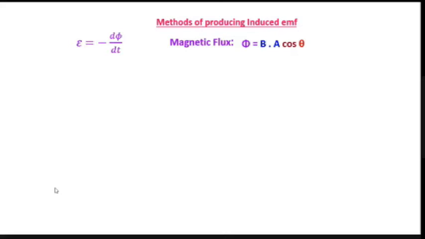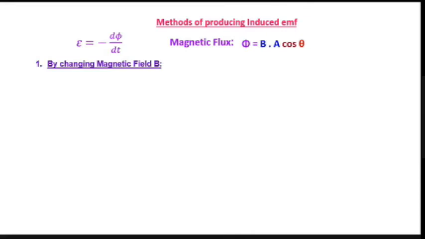Either you fix the coil and move the magnet, or you fix the magnet and move the coil. Both are possible. The only condition is that there must be relative motion between magnet and coil. Whenever there is relative motion, the distance between them changes. As the distance changes, the magnetic field also changes. So whenever the magnetic field changes, that is the first method, the flux changes.